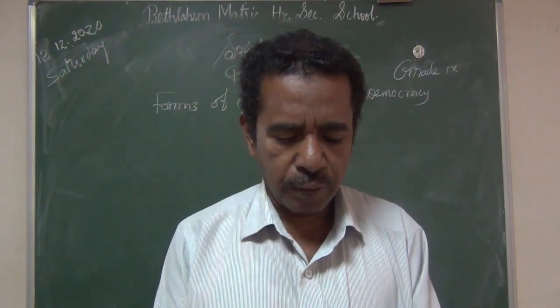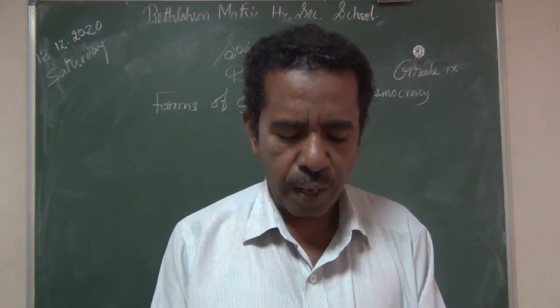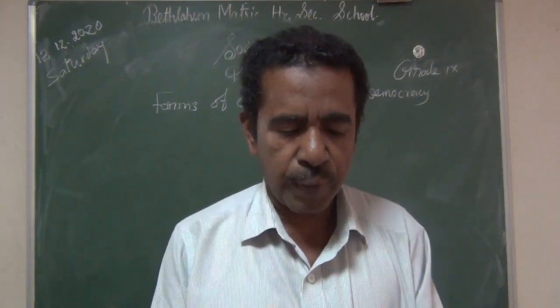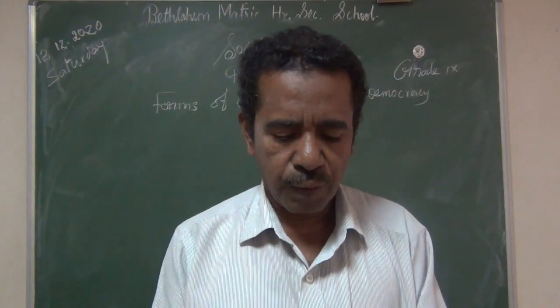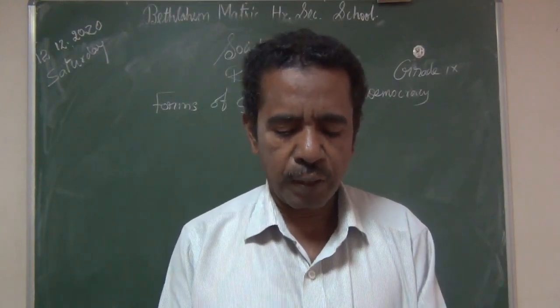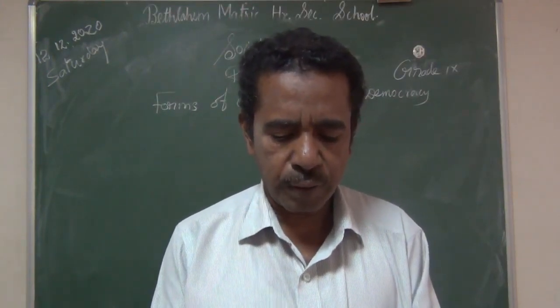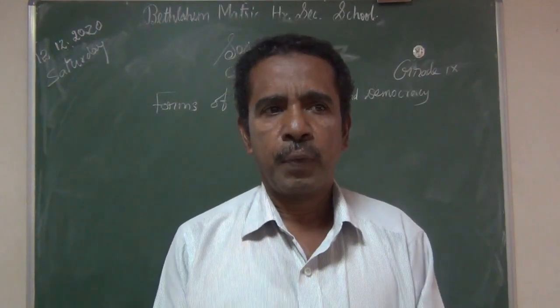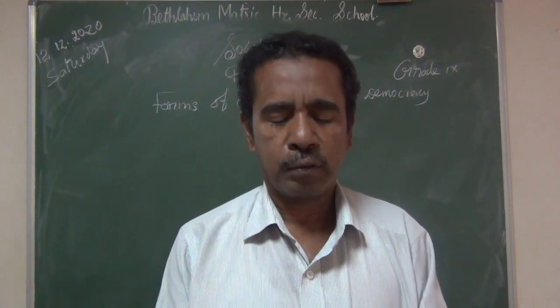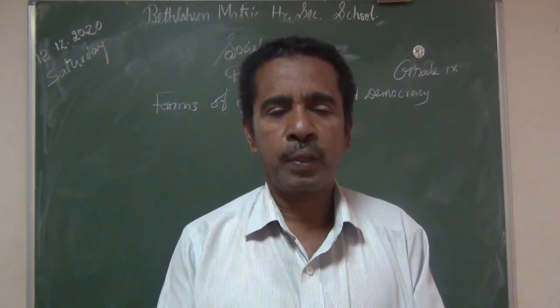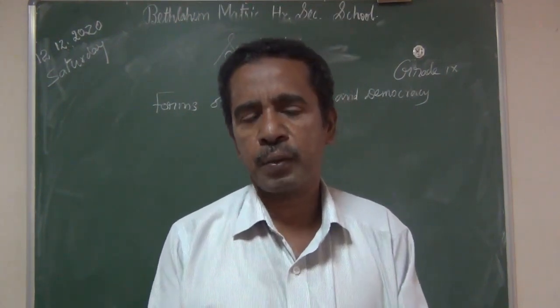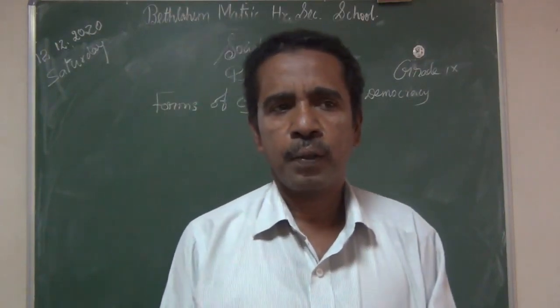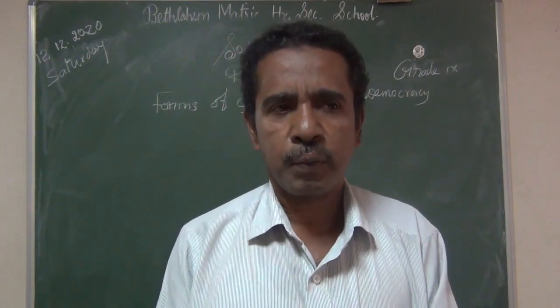The 13th one, both A and R are true and R explains A. Here the two statements: India is a parliamentary form of democracy. In the parliamentary form, there is a parliament house. In that parliament house, two houses are there, Lok Sabha and Rajya Sabha. Lok Sabha is the lower house, Rajya Sabha is the upper house.